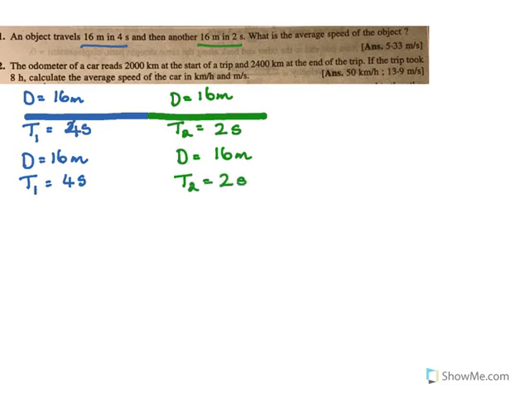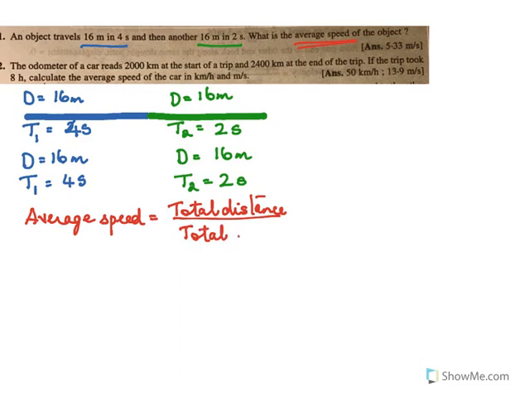We need to find the average speed. This is given here, average speed. Now remember, the formula for average speed is total distance over total time. So in this case, what is the total distance?